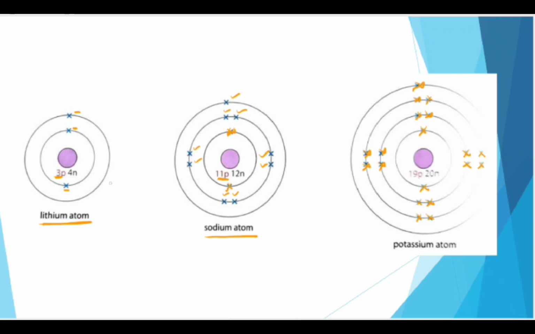So what period does lithium lie in? It lies in period 2 because it has 2 shells. Sodium has K L M, 3 shells, so it is period 3, and potassium has K L M N, 4 shells, so it is period 4. Yes, children, hope you understand all this.